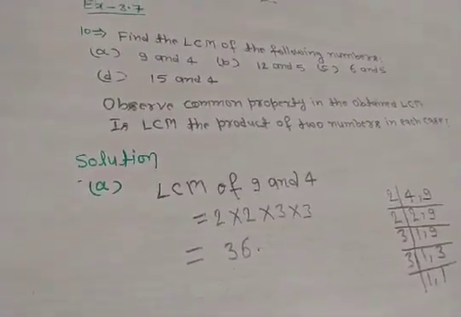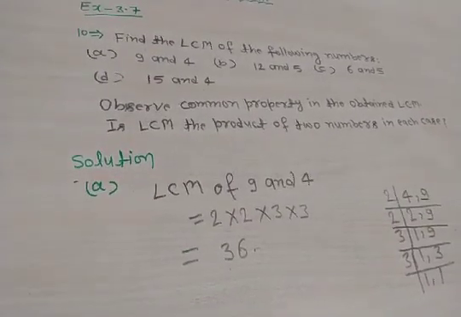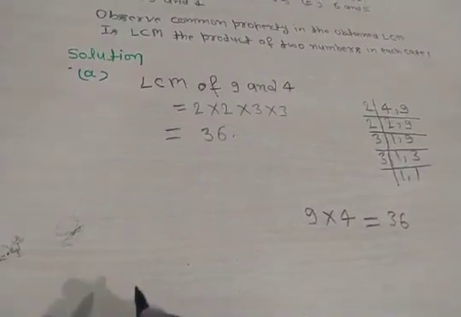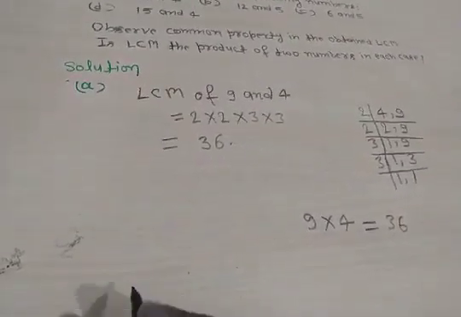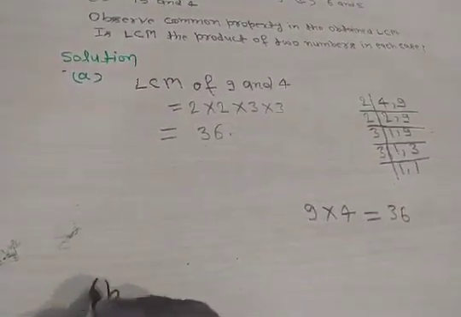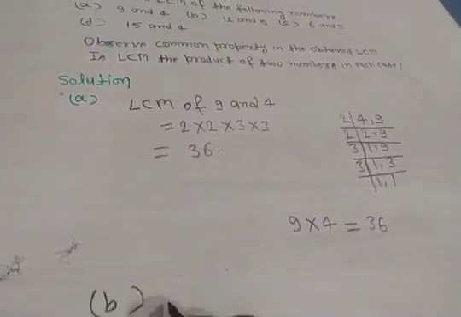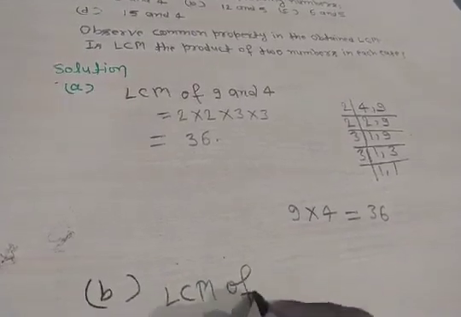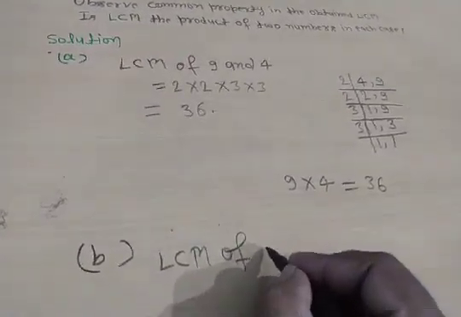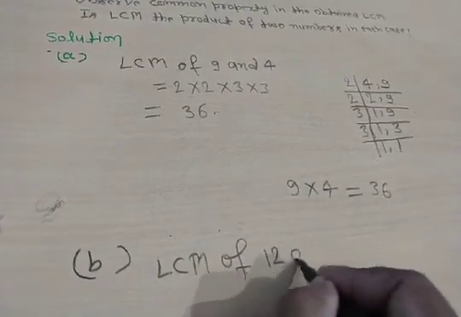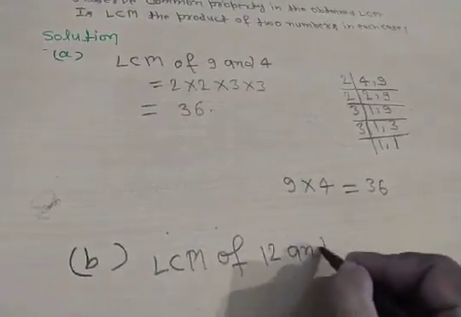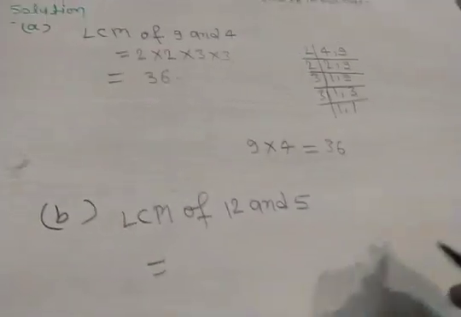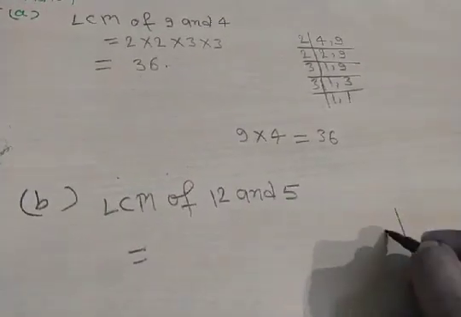Now we see the B part, 12 and 5. We find the LCM of the B part. The LCM of 12 and 5 we find by the division method.